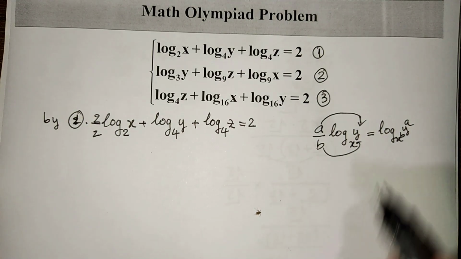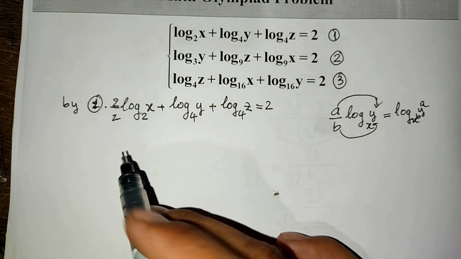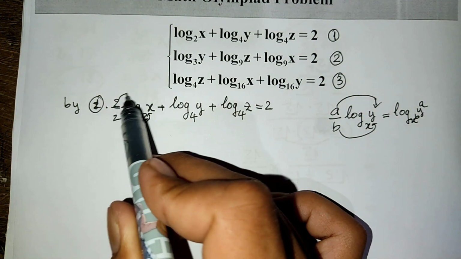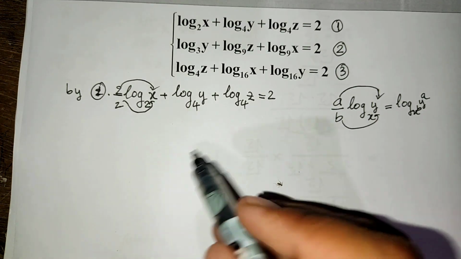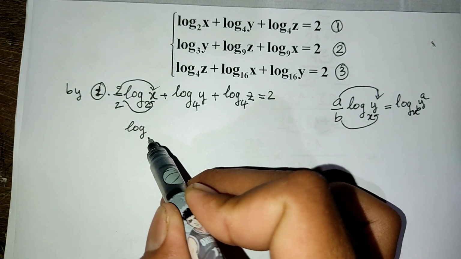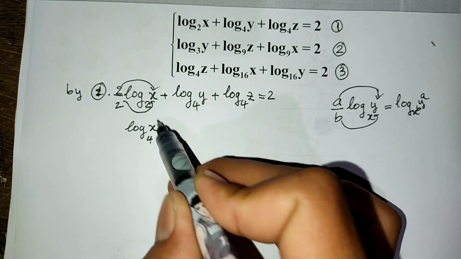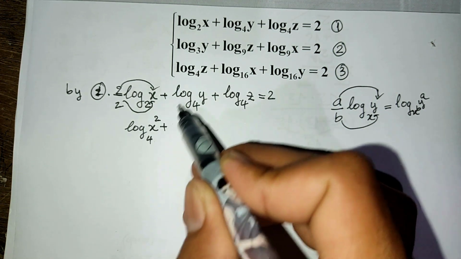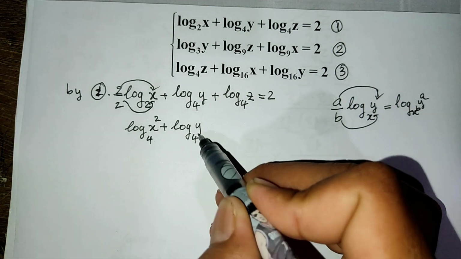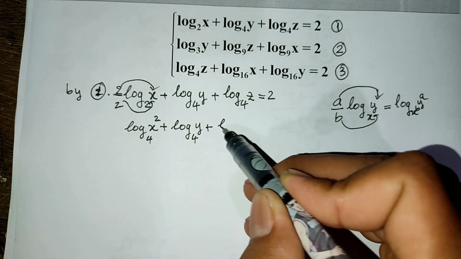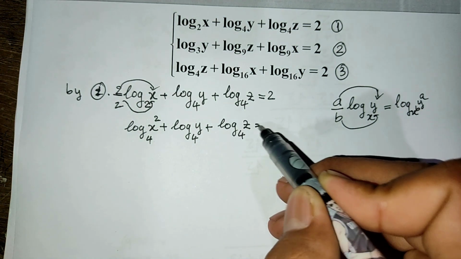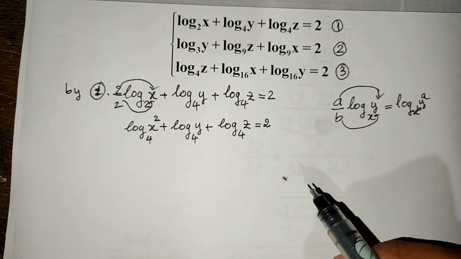With this formula, we get 2 to the power 2 as 4, so we can write log base 4 of x squared, plus log base 4 of y plus log base 4 of z equals 2.